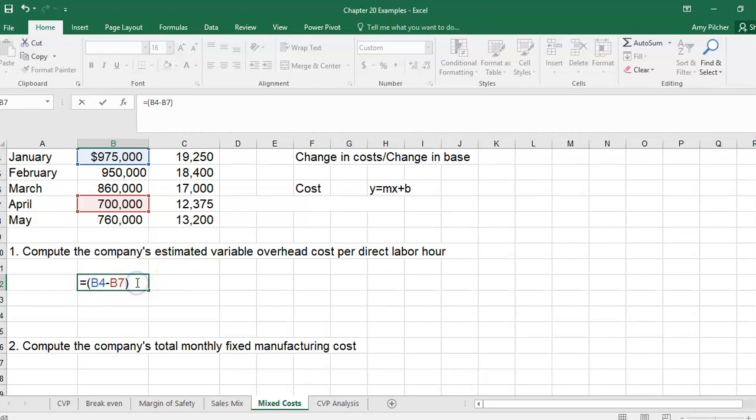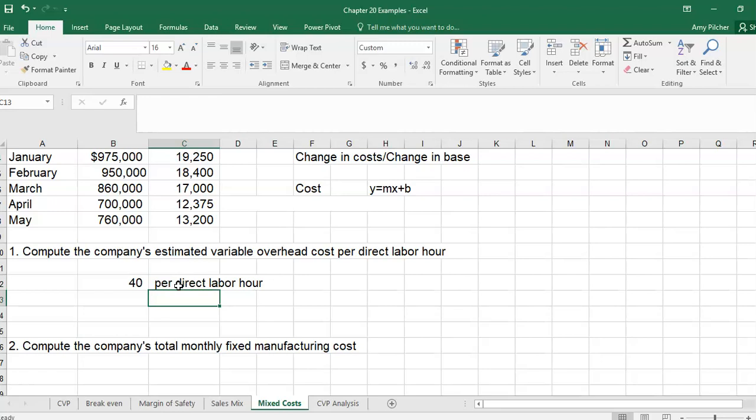And we want to divide that by the change in our base, so the highest amount minus the lowest amount. This gives us a number of 40. 40 is our m in this equation. So our variable overhead cost is $40 per direct labor hour.